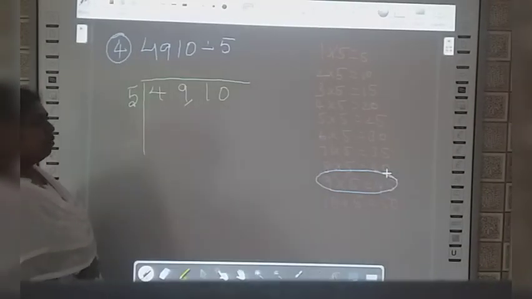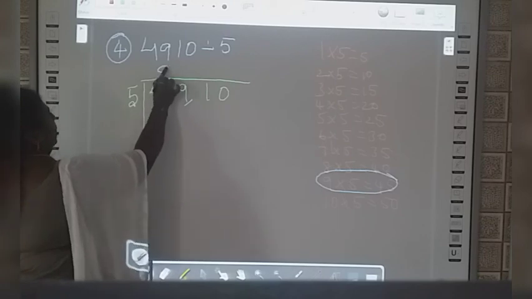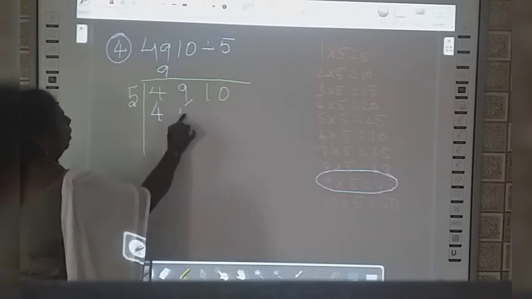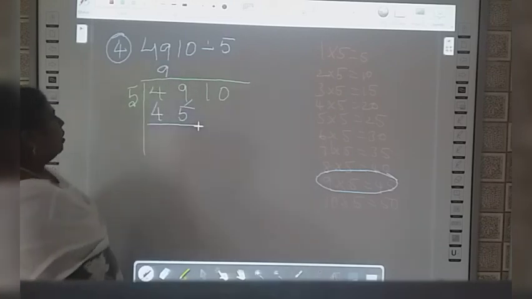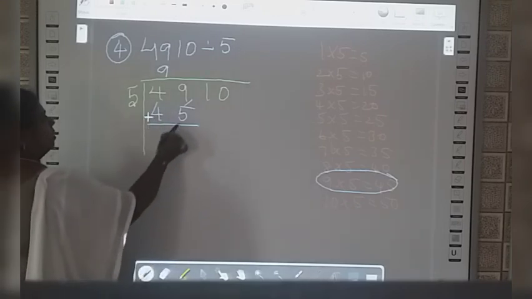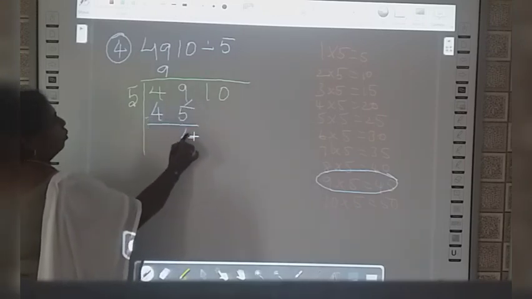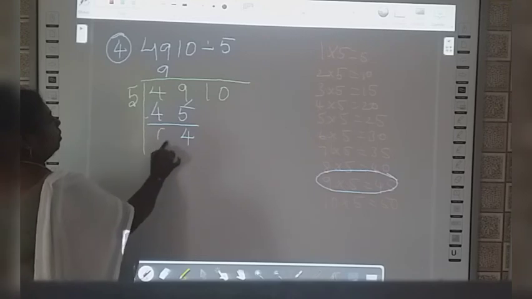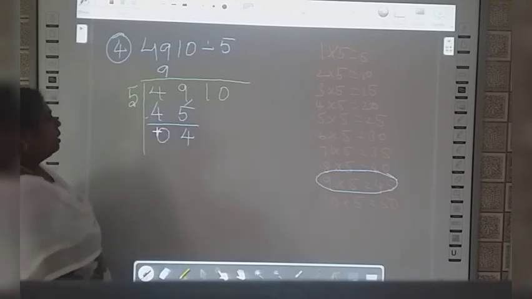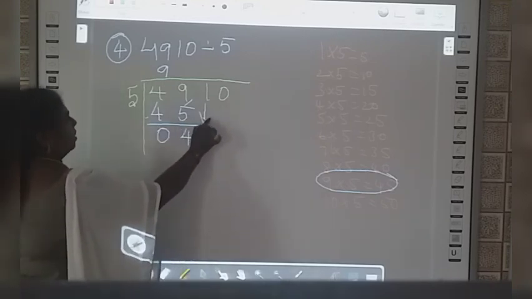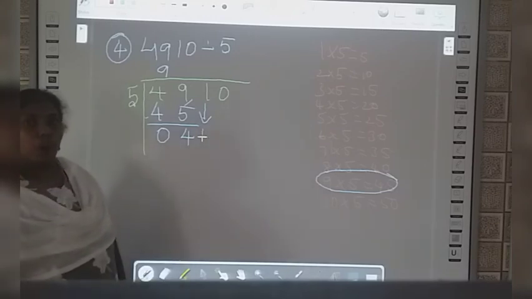9 times 5 are 45. Okay. Now subtract. 9 minus 5, 4. Isn't it? 4 minus 4, 0. Right? Yes, next step, you have to write the next number. That means 1 will come down.